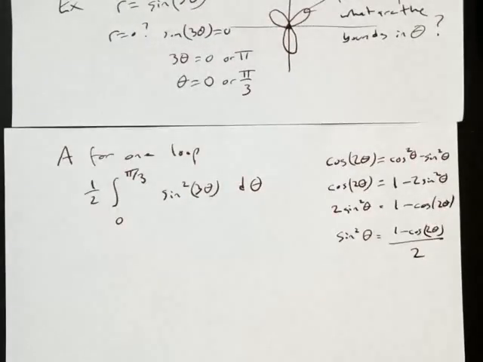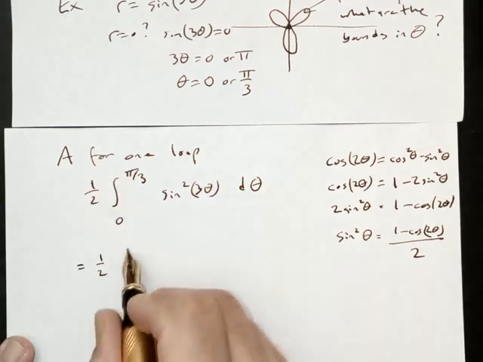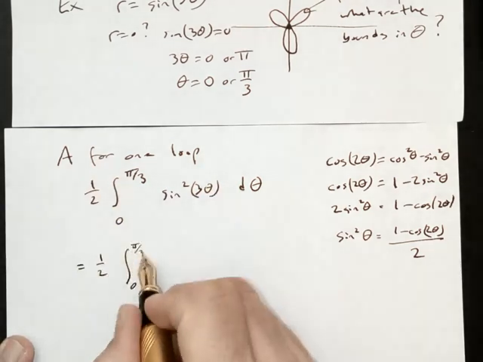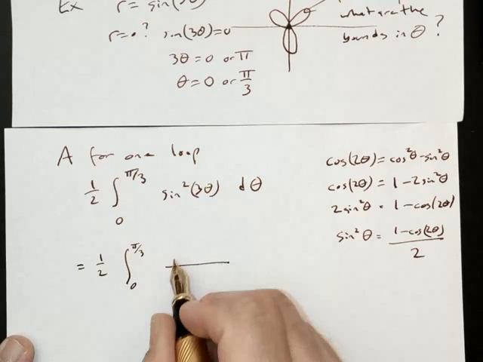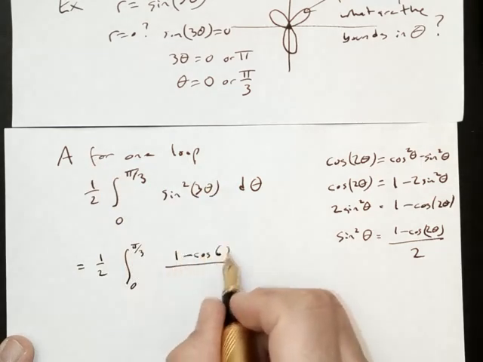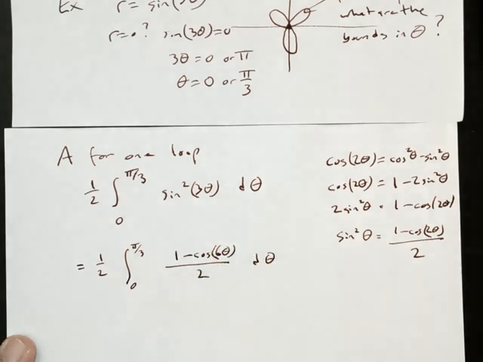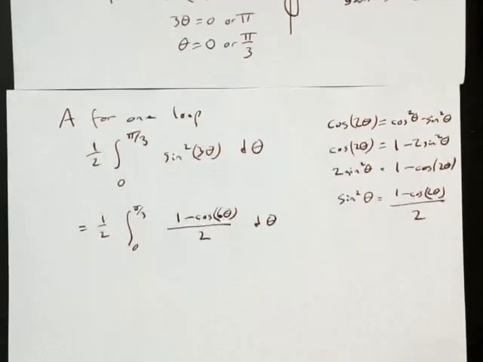So to get rid of a sine squared, I replace it with 1 minus cosine of twice that thing over 2, which means this becomes 1 minus cosine 6 theta over 2 d theta. And again, I can pull the 1 over 2 out in front.